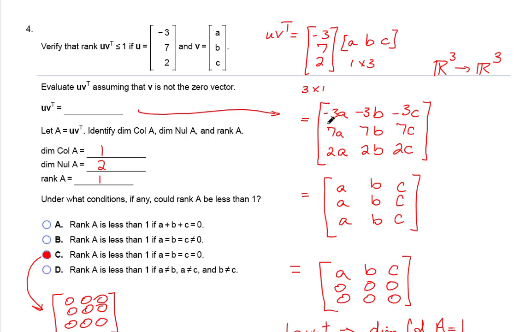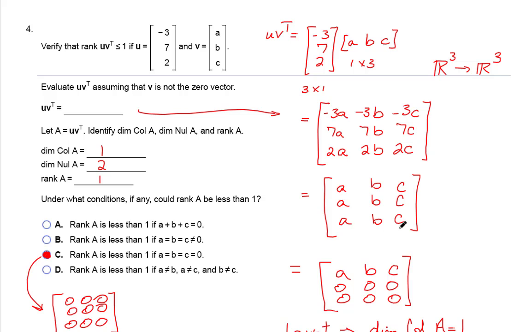Well, if you look at it, it's just A, B, C in each of the terms multiplied by minus 3, 7, and 2. Divide the first row by minus 3, divide the second row by 7, and the last row by 2, and you see all the rows are the same.